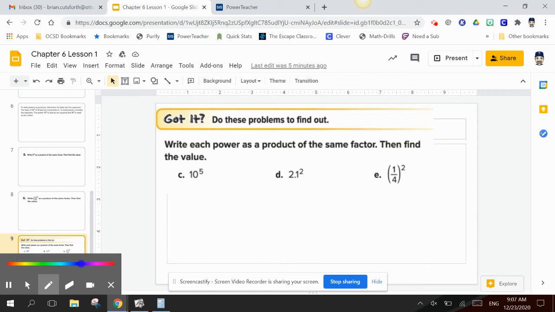So let's take a look at these last two. For letter C, I have 10 to the 5th power. My base number is 10. I'm going to multiply that 5 times. Not times 5, but I'm going to multiply 5 tens.